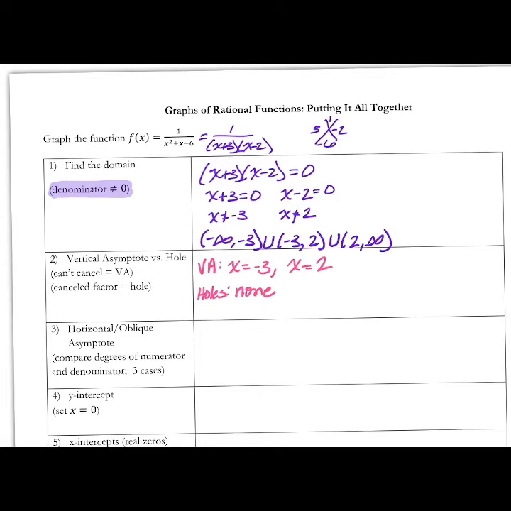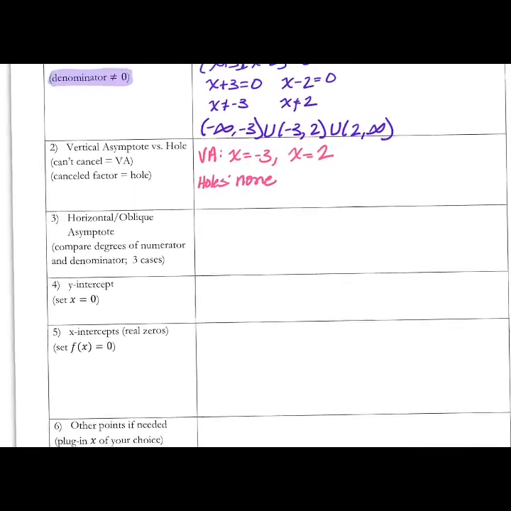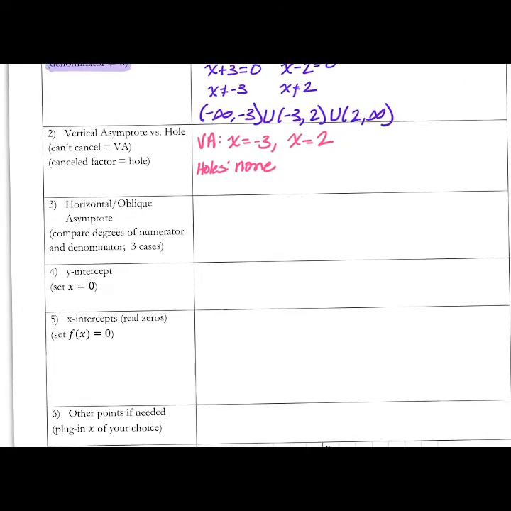So now we're going to look at my slant or horizontal asymptotes. And I am going to recopy my equation down here. My equation is f of x equals 1 over x squared plus x minus 6. And when I'm doing this, I want to find my degree. So the degree in my numerator equals 0, because I have no variables in the numerator.